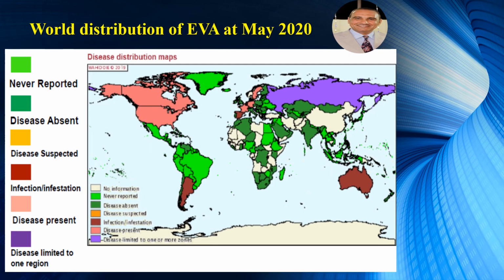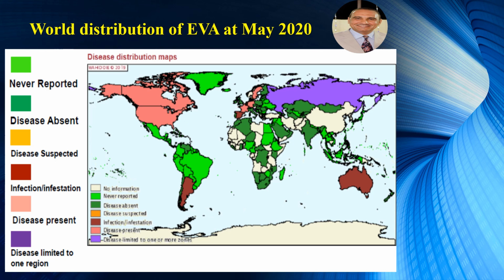This is a map of world distribution of equine viral arteritis as of May 2020, where there are different colors at the left of the map: light green reports the never reported countries with this disease, dark green disease absent, yellow is the disease suspected, red infection or infestation, the pink color is disease present, and the disease limited to one region with purple color.